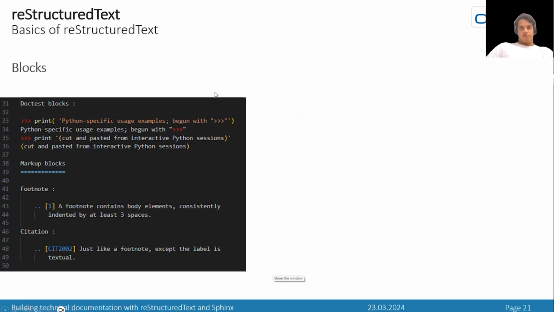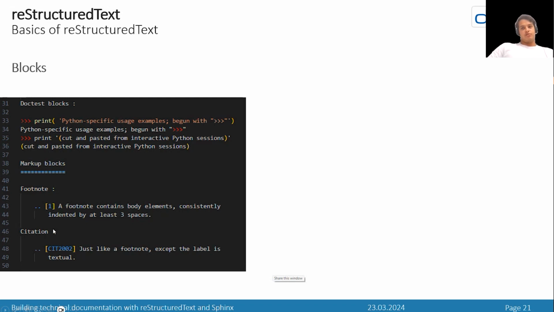Okay, let's move forward with some more blocks. Here we have doctest blocks. Doctest blocks are used to represent a Python interpreter session. Here I'm mainly playing with the print function, and it's supposed to show the results we get in the Python interpreter session. Then we also have footnotes and citations.